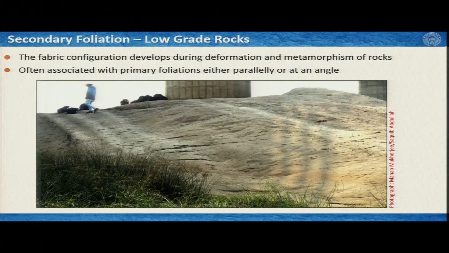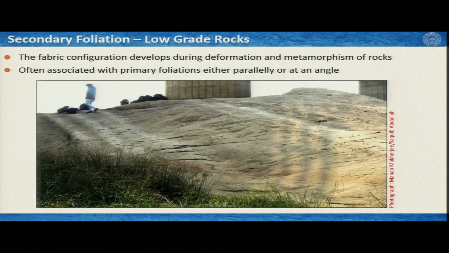So, what we see here in this image is from the Chaibasa formation in India. First of all, as we have understood how to identify the bedding planes or primary foliations, and as I said, compositional layering or color banding is very important, particularly if you are dealing with a low grade rock, and in this case the Chaibasa formation is, because this is metamorphosed under greenschist facies.